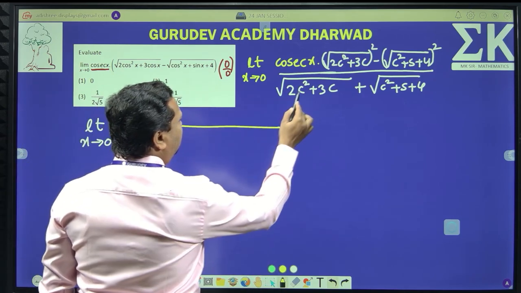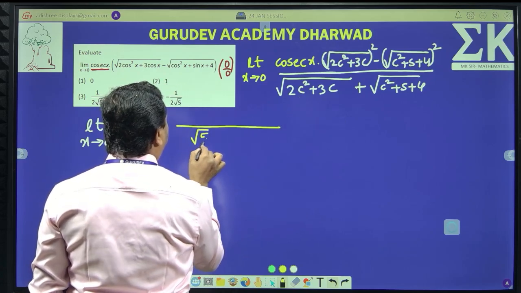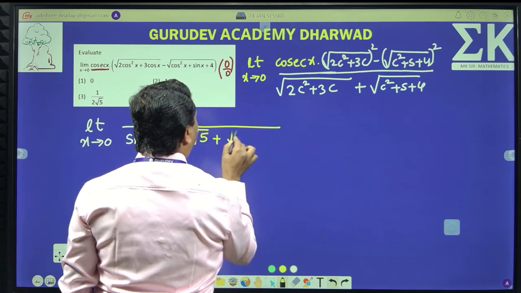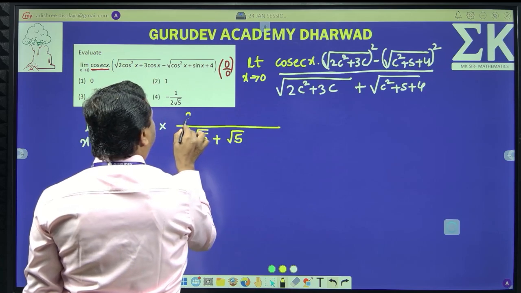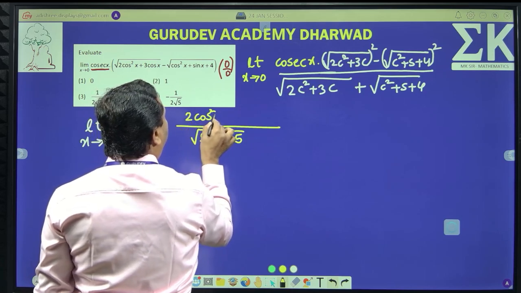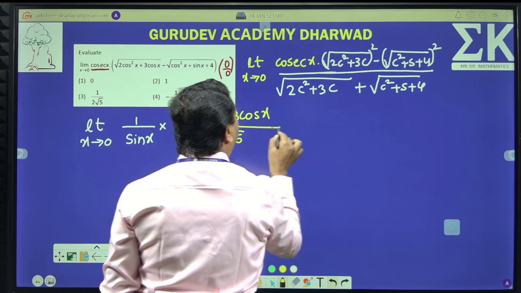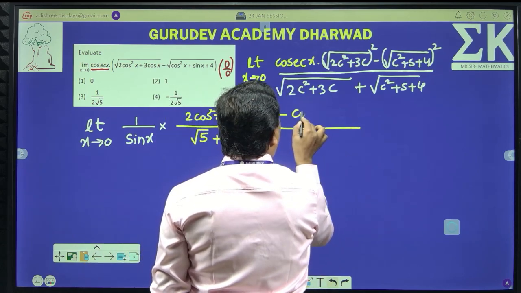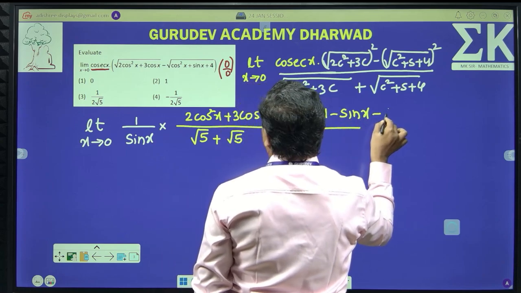So here cos 0 is 1, what we get is root 5 plus cos 0 is 1, sin 0 is 0, plus 4 is also root 5. What is left in the numerator? The square roots get cancelled. What is left is 2 cos square x plus 3 cos x minus cos square x minus sin x minus 4.